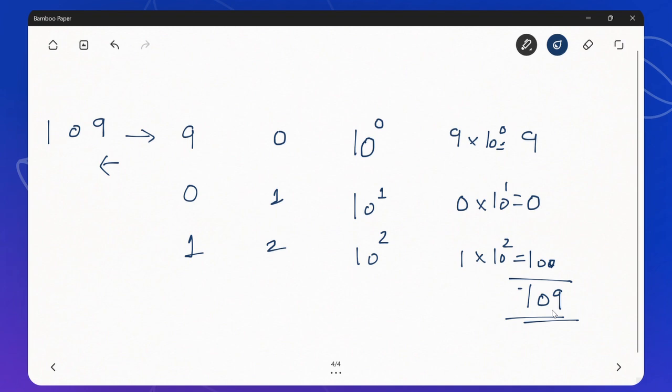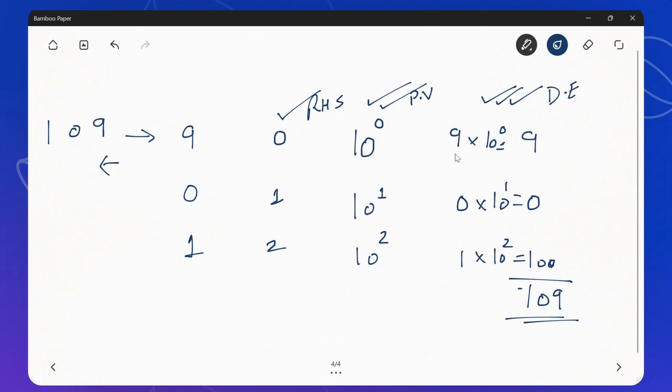So the main concept is the position from the right hand side. Then the second main concept is the positional value, that is 10 raised to the power of the position from the right hand side. And then the third concept is the decimal equivalent of the number.